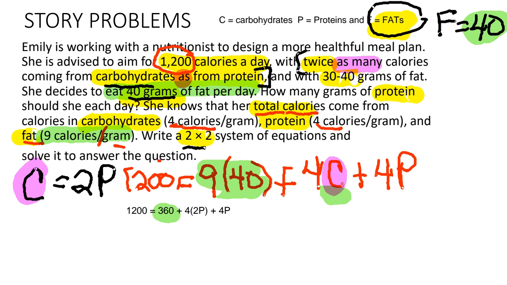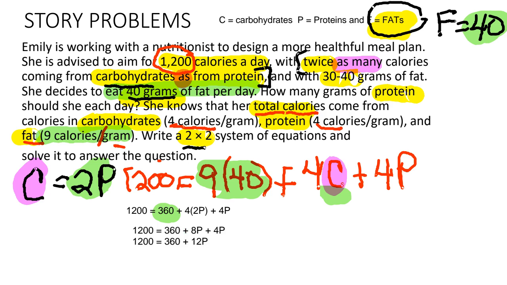What I then am going to do is combine terms. 1200 is equal to 360 plus 8P plus 4P. 1200 equals 360 plus 12P.